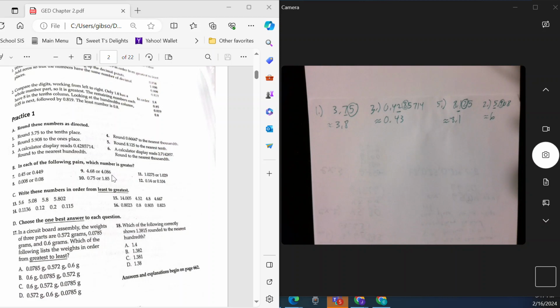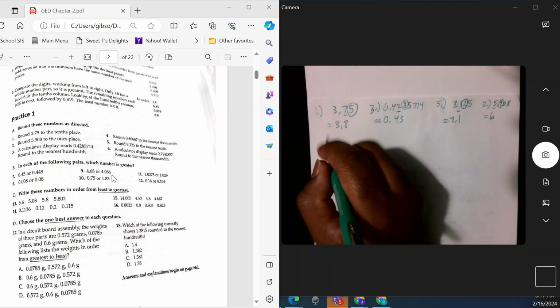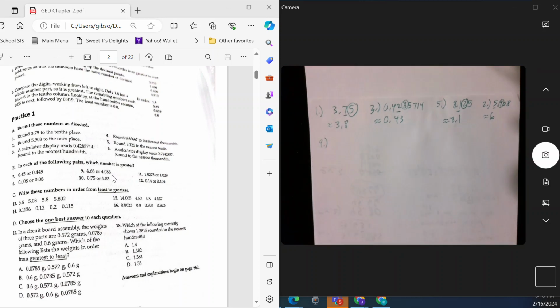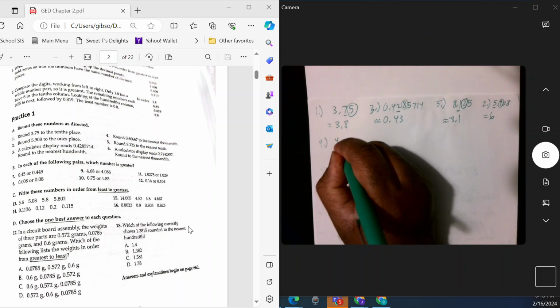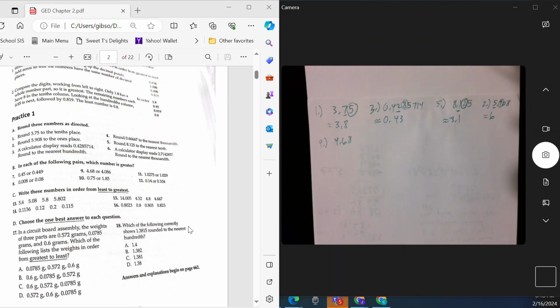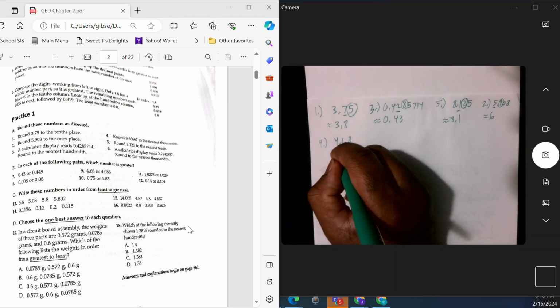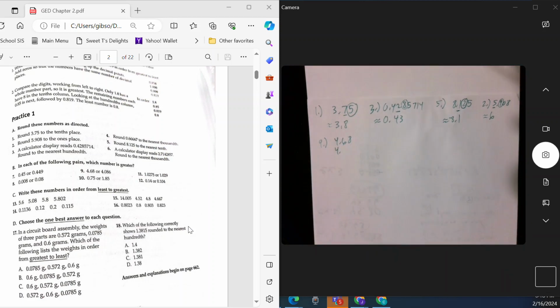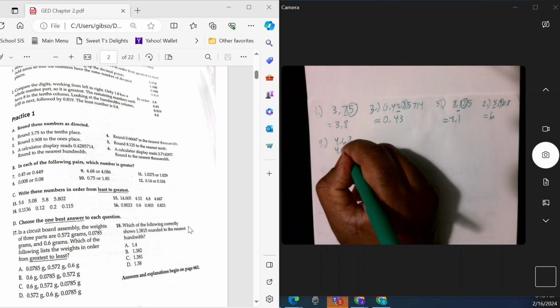Okay, now we drop down to problem number 9. I'm going to skip 7 and do 9. So we have 4.68. Now they're telling us in each of the following pairs which number is greater. So we're going to line these up, 4.68 and 4.086.